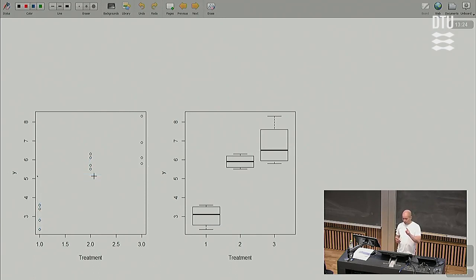The next thing is to think about quantifying the differences between the means. So that's y1 bar, y2 bar, y3 bar. And then somewhere here again I have the overall mean.